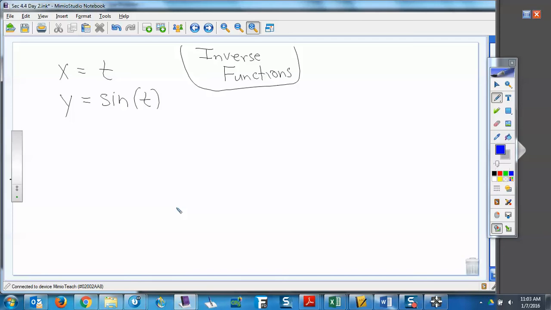Inverse functions. So, before we get into inverse functions, just look at this. And could you tell me what, if we eliminated the parameter here, if we just wrote its actual y-x equation, what would this be? Y equals what? Sine of x, right? Because what does it say right here? X is equal to t. Oh, that's the simplest kind of parametric equation, isn't it? X equals t.